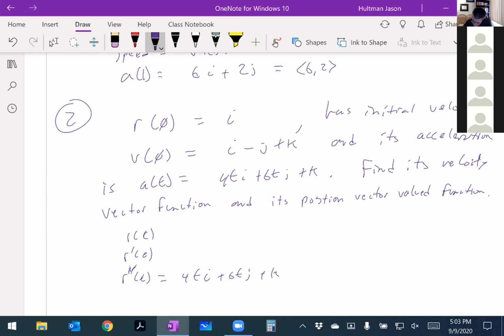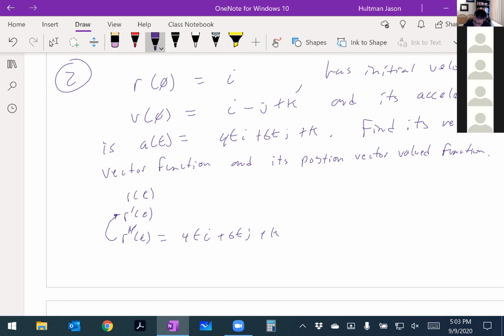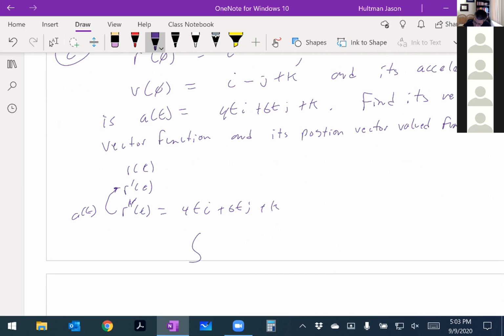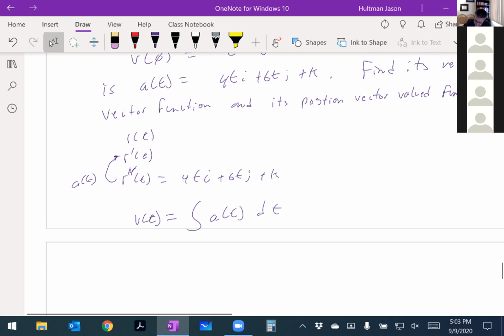We want to work backwards, so how do we find the antiderivative? Well, we integrate, right? So we're going to take this a of t, and we're going to integrate with respect to t. So we're going to say, v of t is going to be equal to the integral of a of t dt. Does that make sense?